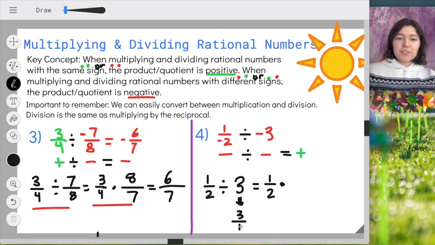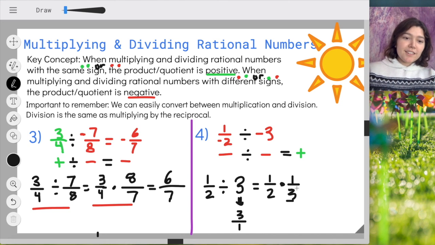So what is the reciprocal, or the flip, we don't use that word in 7th grade, of 3? Yep, it's 1/3. Great. So 1/2 divided by 3 is the same thing as 1/2 times 1/3. Dividing by 3 is the same thing as multiplying by 1/3.